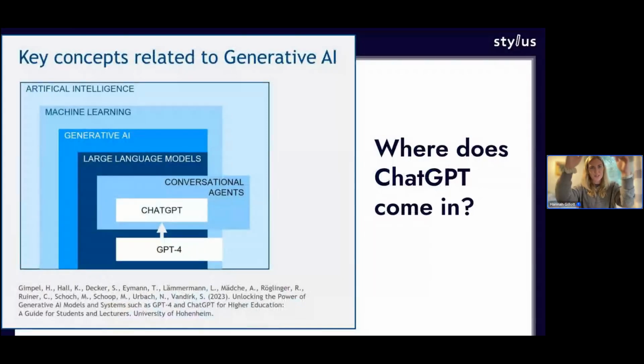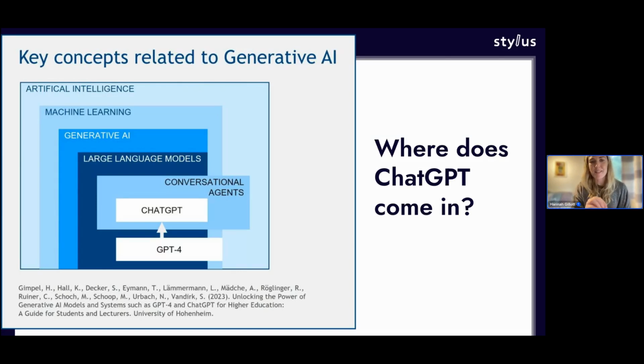So we had artificial intelligence, machine learning, generative AI, which is all of this creating new things, large language models, which are concerned with specifically the language side of creating things, being able to formulate a response, conversational agents, which are then taking that ability to have a conversation and presenting it in a way that you or I can sign on and talk to an AI chatbot.